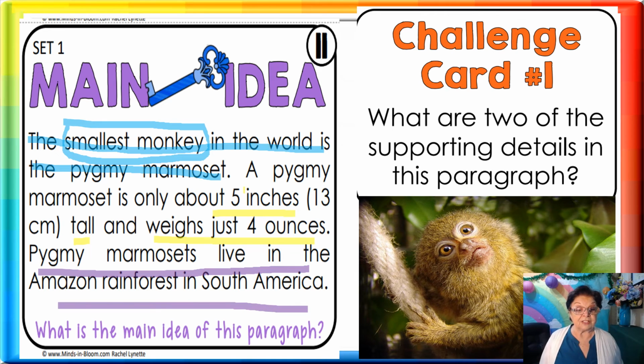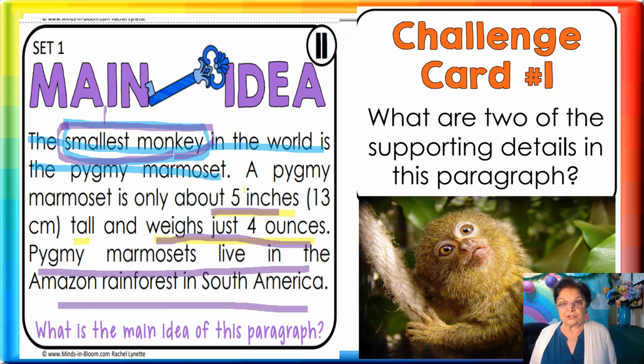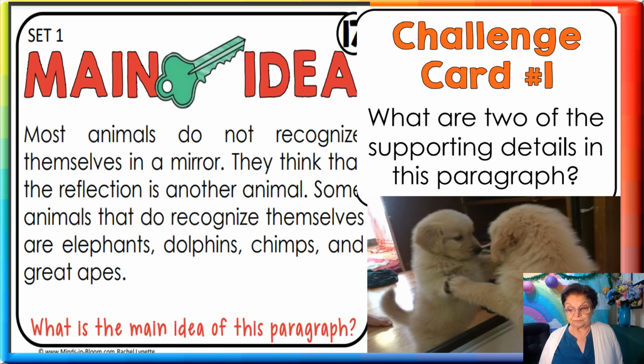But does that have anything to do with them being the smallest monkey? No. The supporting details are how long it is and how much it weighs, because that's telling about why it's the smallest monkey. So when you're looking for a supporting detail, it has to be about the main idea. This other stuff is interesting, but it does not support the main idea.